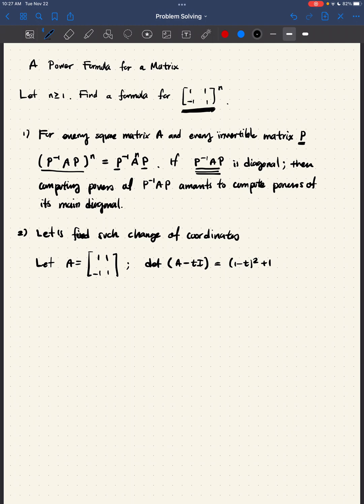So, the roots of this polynomial are lambda equal to 1 plus or minus i, where i is the imaginary complex number, the imaginary unit.